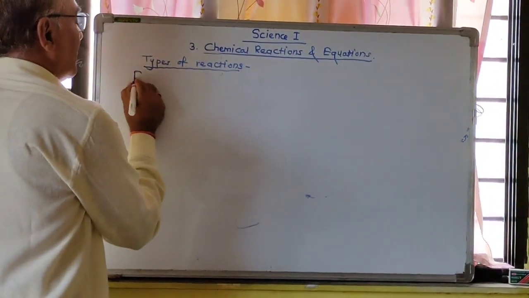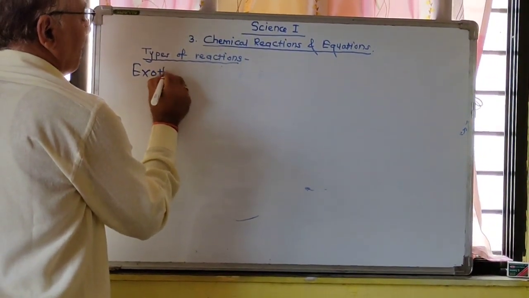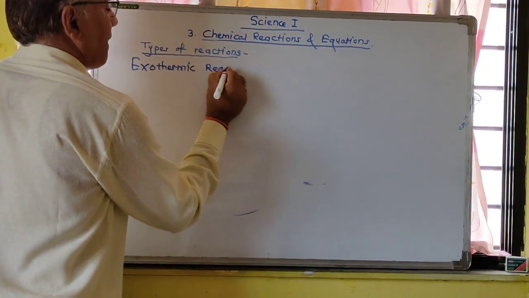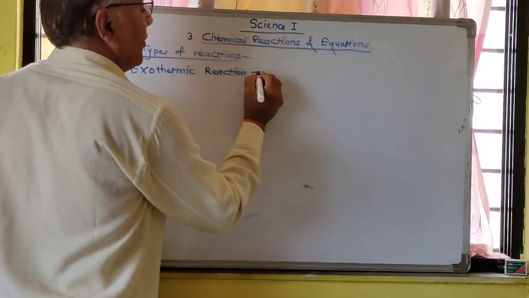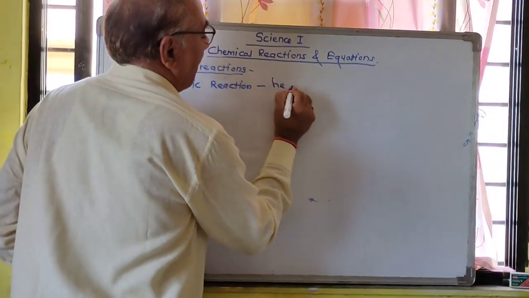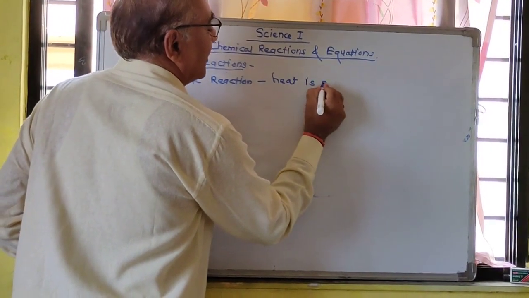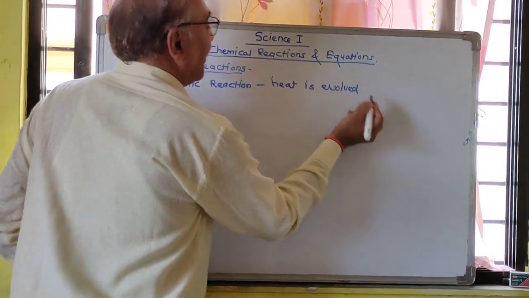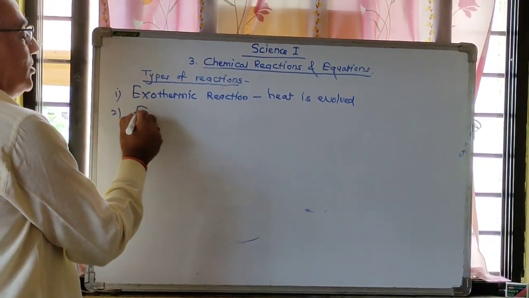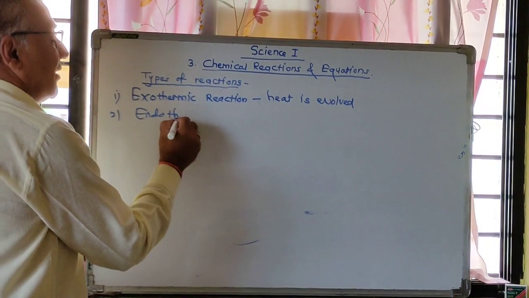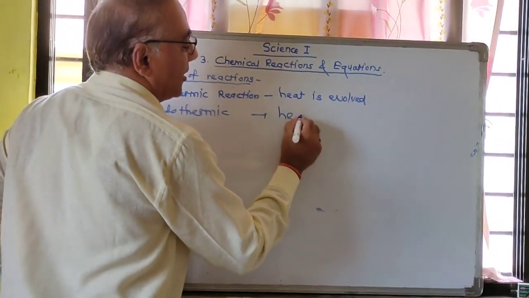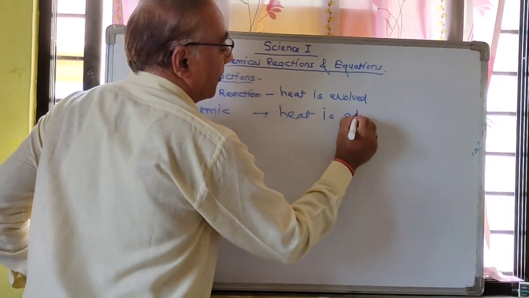Now see, exothermic reaction: when in any reaction heat is evolved, that reaction is called an exothermic reaction, and the second one is known as endothermic reaction, where heat is absorbed.